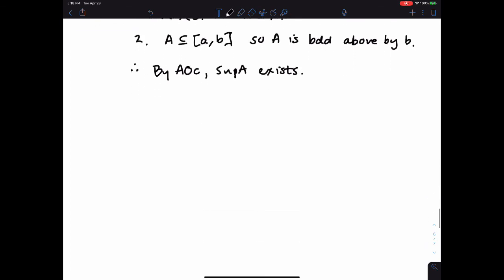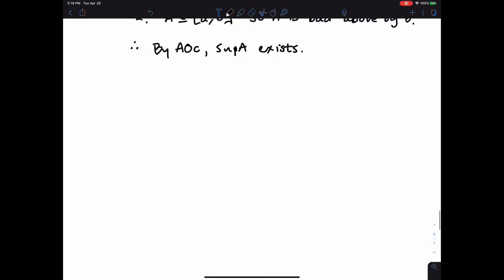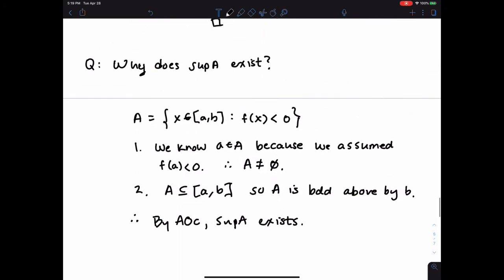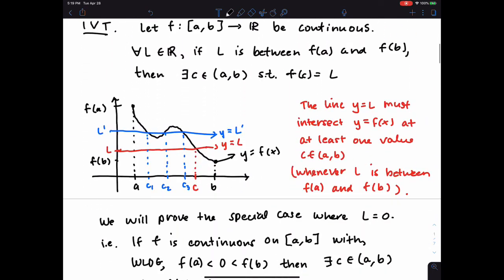One of the applications of the intermediate value theorem is that it's very useful for proving that two functions actually intersect at some point x. Right now, the graph of the IVT and the statement of it is saying that if you have a function and then a line, y equals L, they have to intersect at some point over that interval.